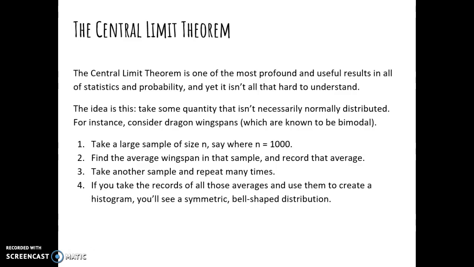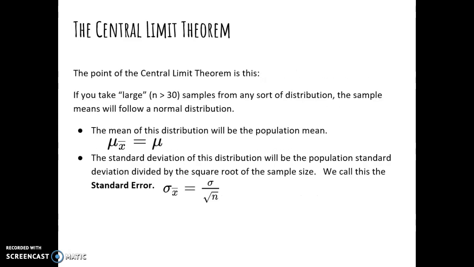So that's what the central limit theorem is about. Whether it is or is not a normal distribution, if you take a sample from that population, no matter what shape that population is as far as the distribution goes, the sample averages will be a normal distribution if the sample size is large enough.